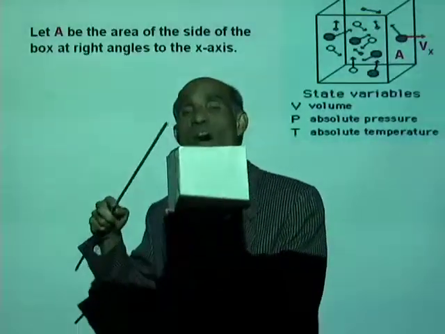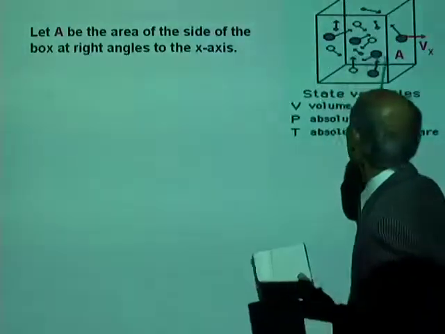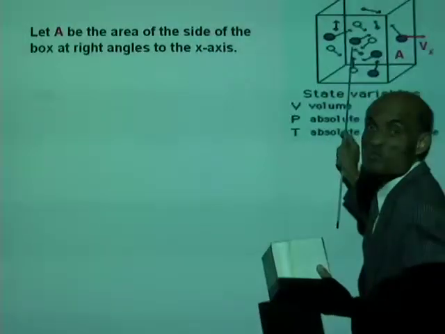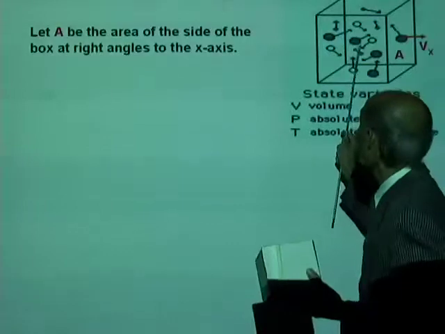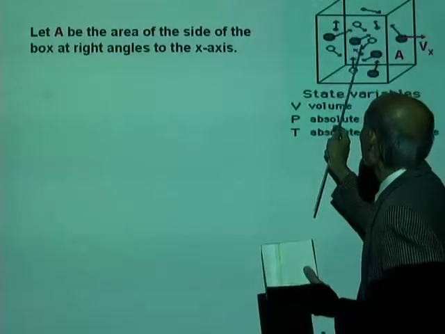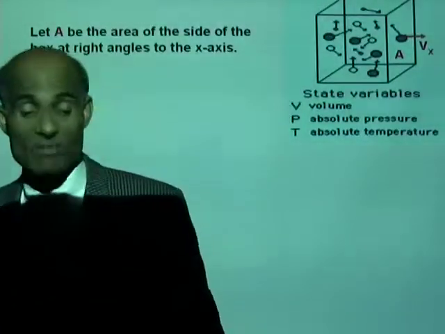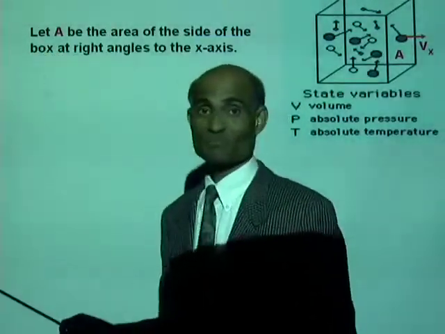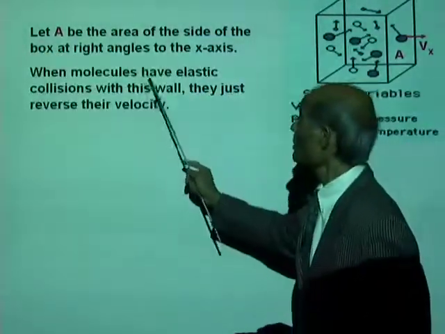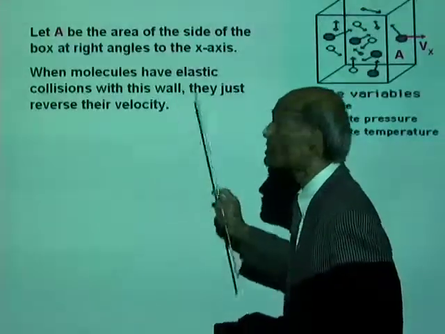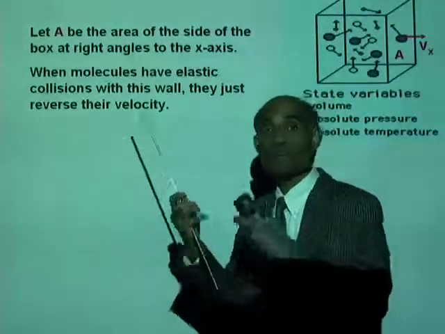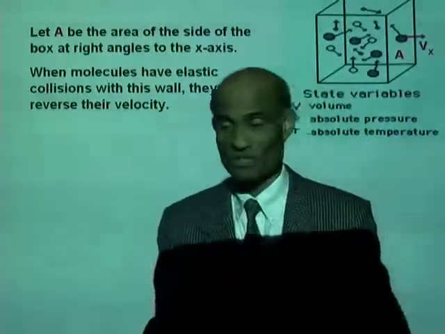That means, since we are talking about the average x motion of the molecule, we are now going to say these molecules are moving towards that wall with that average x velocity. When the molecules have an elastic collision with this wall, they just reverse their velocities.